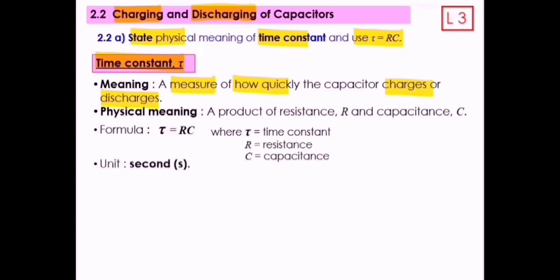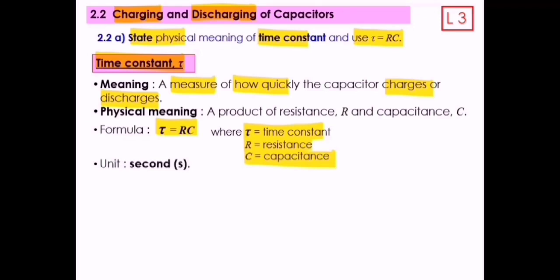You also know this equation where tau equals RC, where tau is time constant, R is resistance, and C is capacitance.